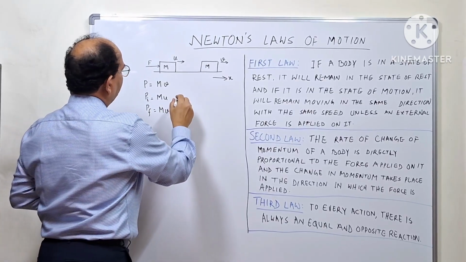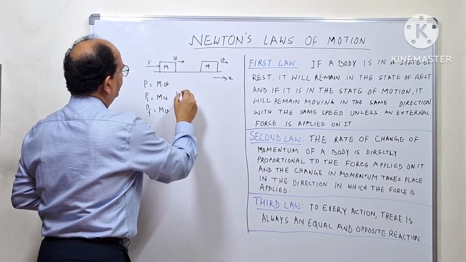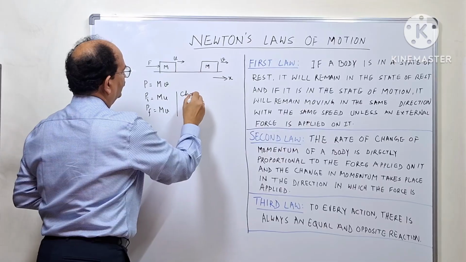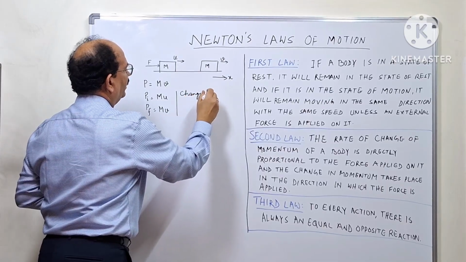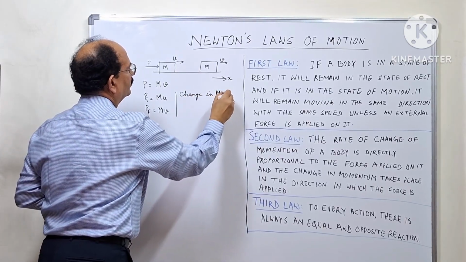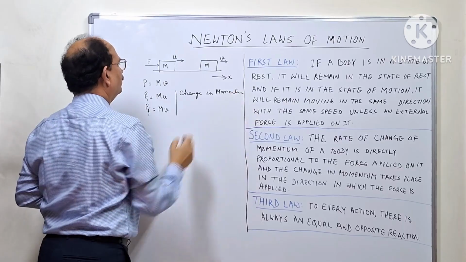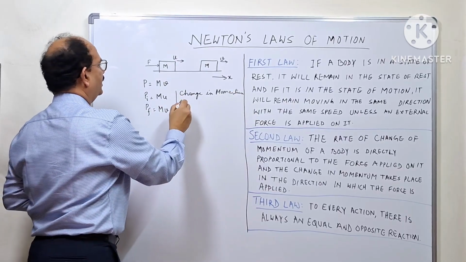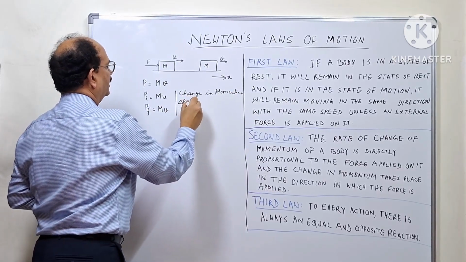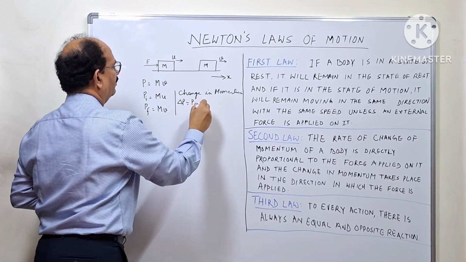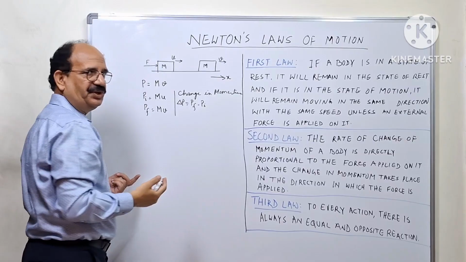So what will be the change in momentum? Change in momentum is delta p, that is p final minus p initial, that is what is change.